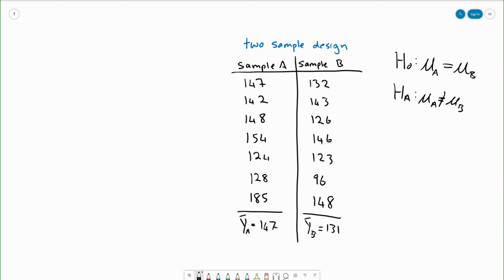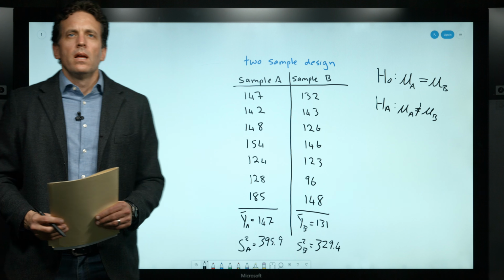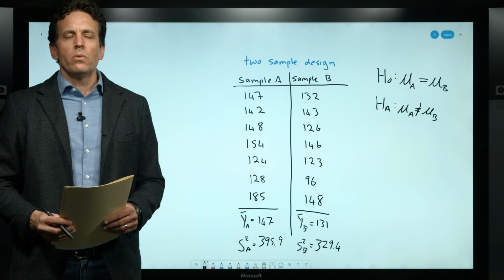And so the variance in group A, if we do that calculation, is 395.9. And the variance of these samples is 329.4. And that's all we need in this case.